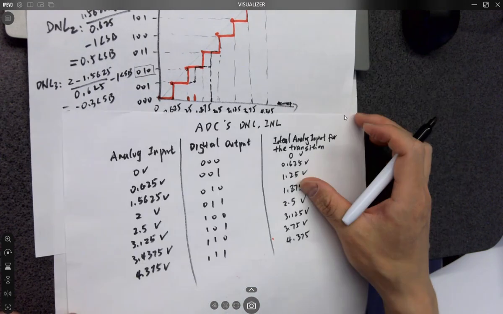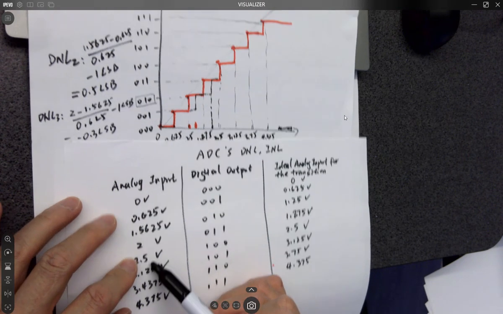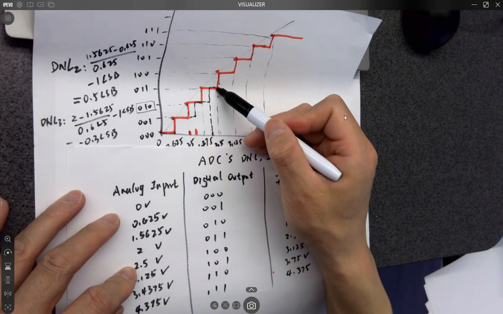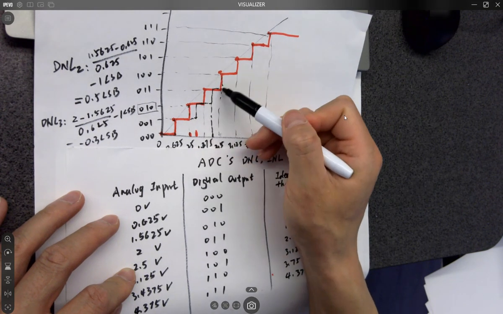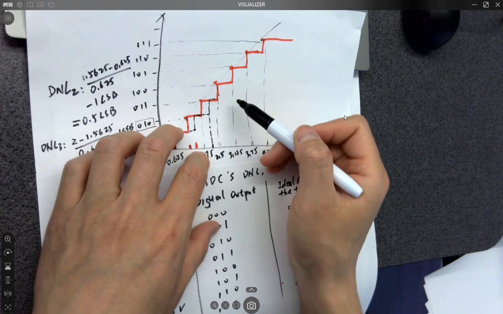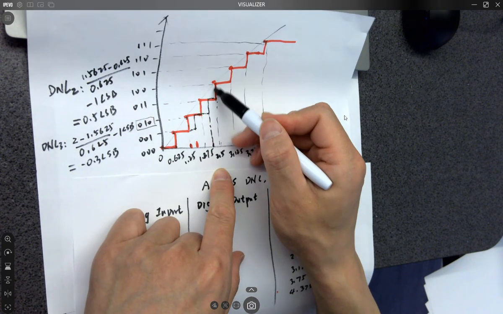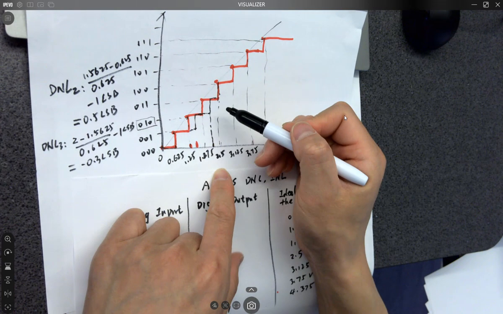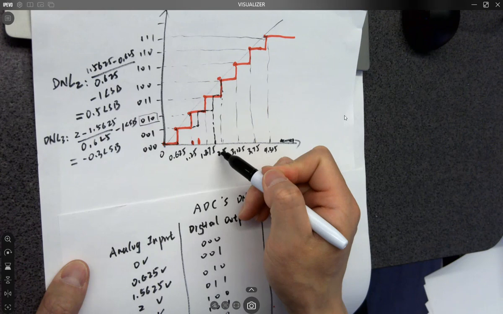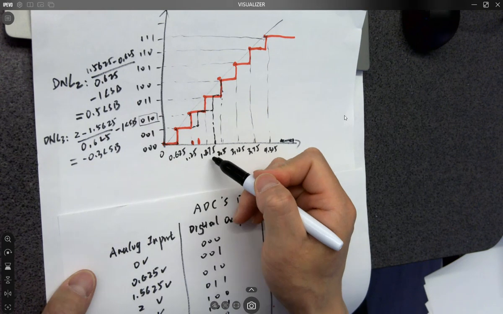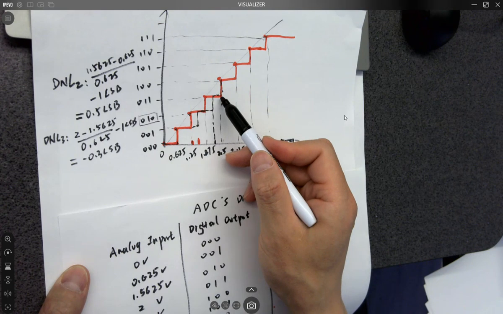And the next transition happens at 2.5. So even though this one got delayed, it's still transition at 2.5. Even though it happens at 2.5, the thing is the last one got delayed. So the step got smaller, right?